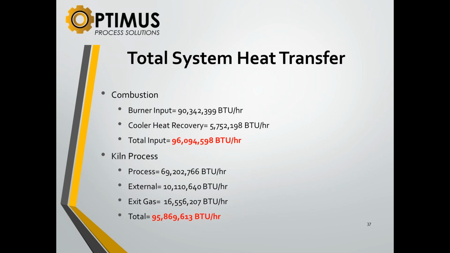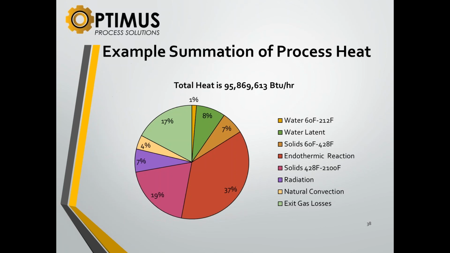And that's really the whole point of this discussion: with a few measurements in the field, which you should have anyway, you can look at the performance of your kiln. We can figure out the health of the system on the emission side.